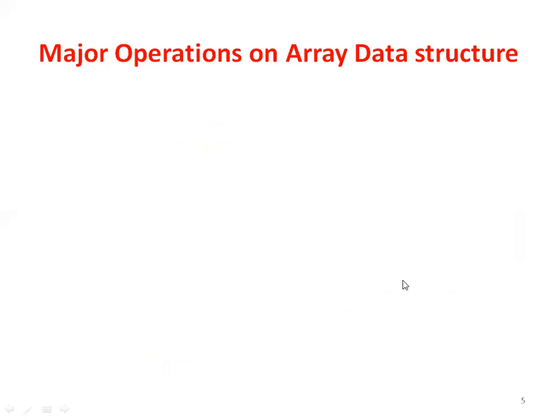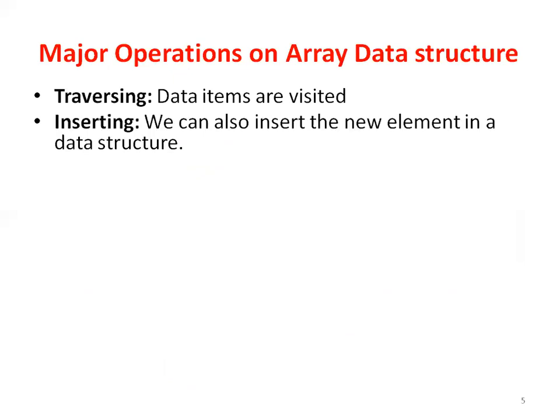Then major operations on array data structure. So there are several operations performed in array data structure. The first one is traversing. So traversing means all the data items in the array are visited one by one. Then inserting is another operation that is performed on the array data structure.